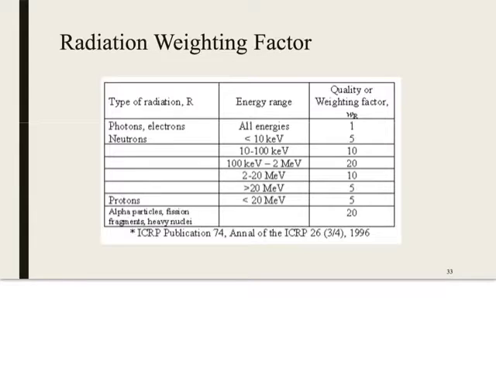So whatever my gray exposure is, like gray in air, if it's to X-rays, same thing in tissue. The weighting factor is 1. But if we're talking about an exposure to alpha particles, we might have a weighting factor of 20, right? Because it is a high LET particulate radiation.